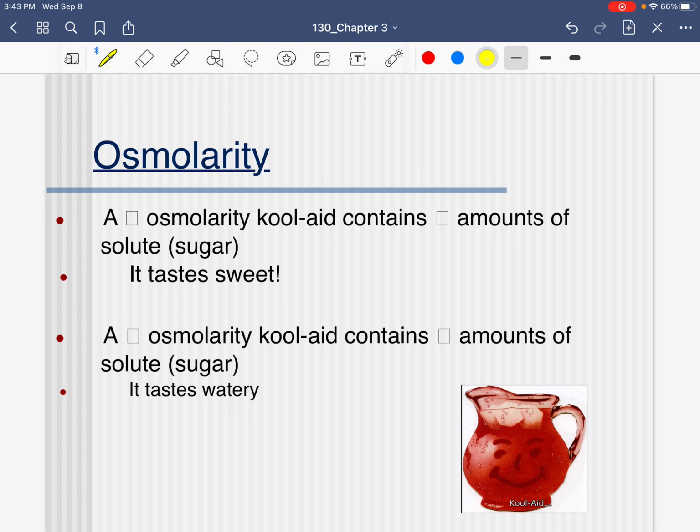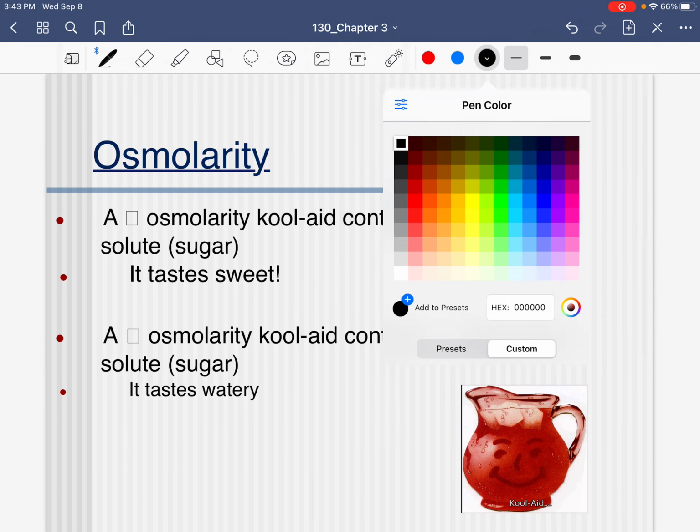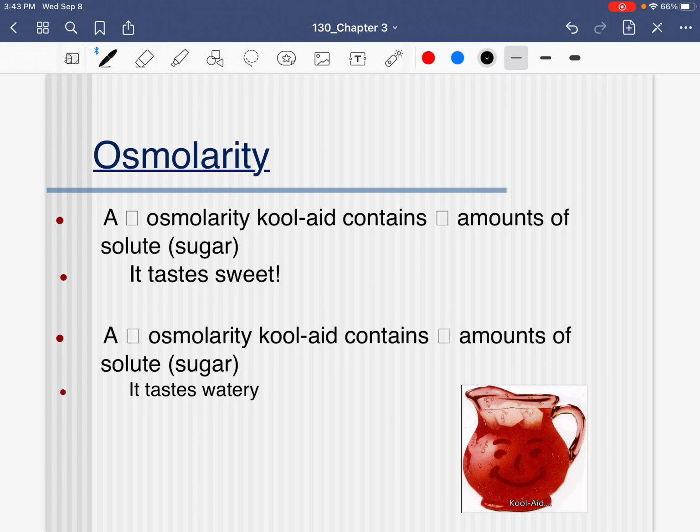Okay, let's make two different Kool-Aids. We have one Kool-Aid down below. Let's make another one. I'm a really terrible drawer. How am I doing? There's a reason why I don't teach art.